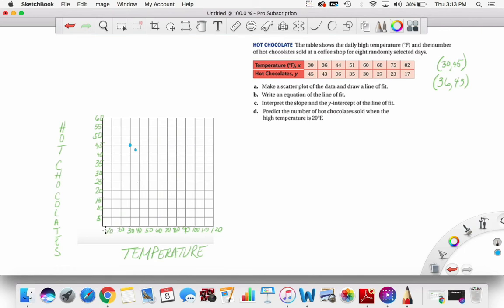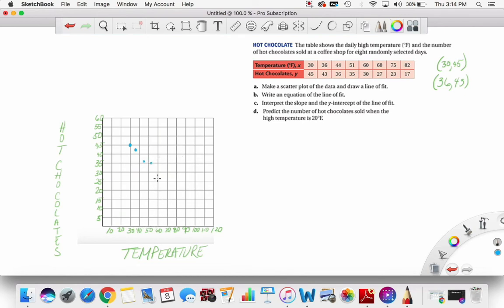44, 36. So 40, let's go almost halfway, and 36 is going to be about right there. And then I have 51, 35. Then 60, 30.